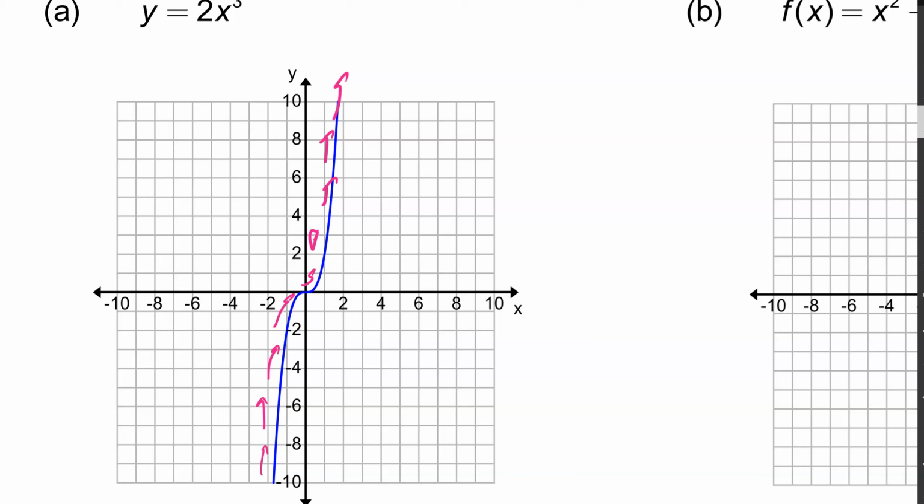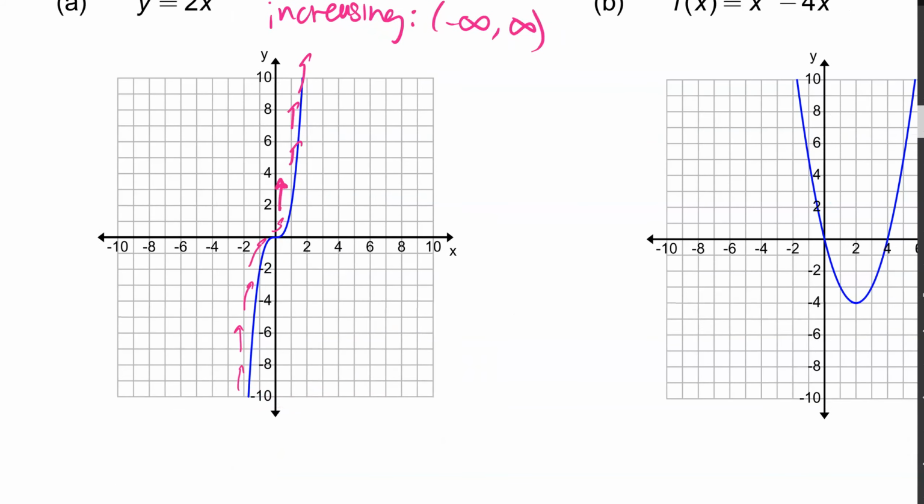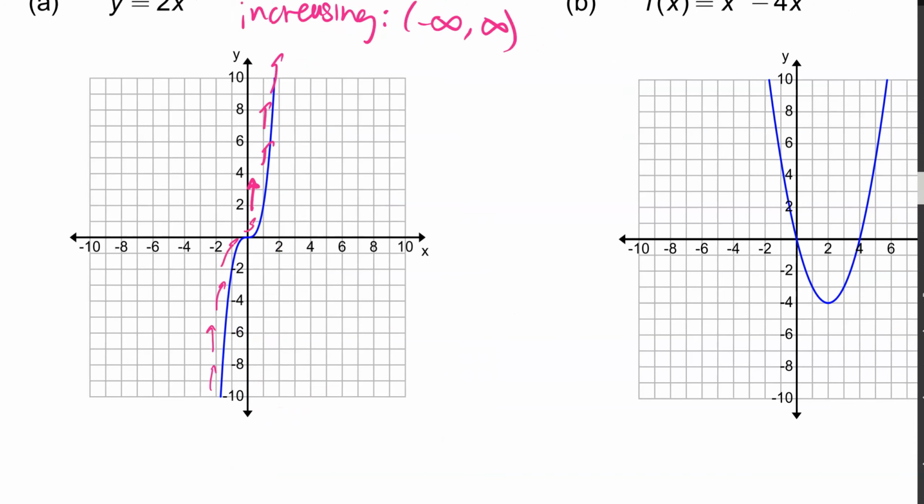You see how it's going to 0, how it's leveling off? That's more of a derivative, that's more of a slope. Here we're always going to be increasing. So negative infinity to infinity. Cool. How about the next one?